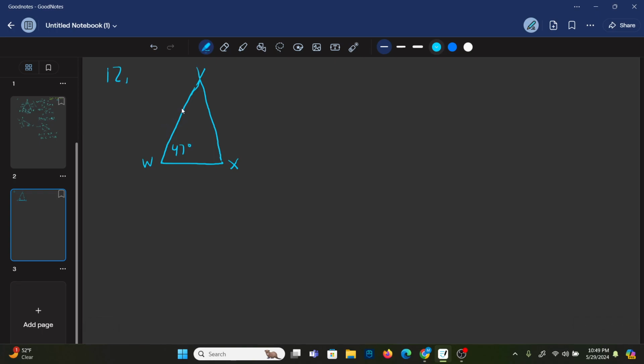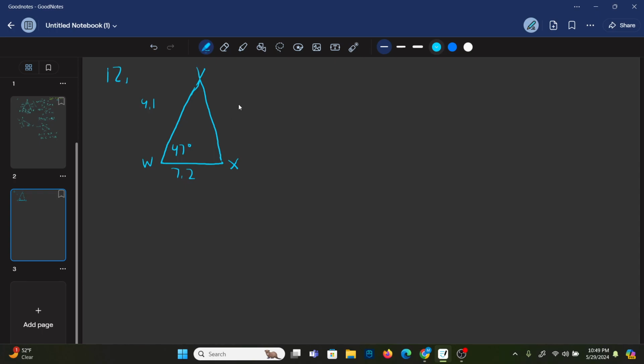Side VW is 4.1 and side WX is 7.2. And obviously this isn't drawn to scale.